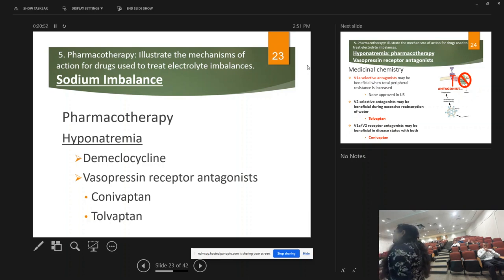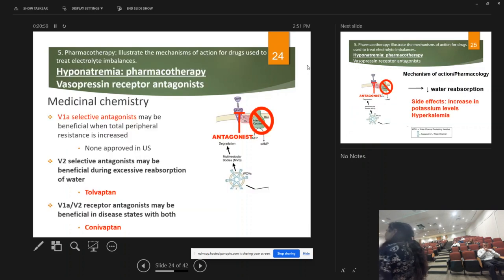Here are some of the molecules or drugs that you will learn, but I just want to mention the mechanism of these. First, let's take a look at the medicinal chemistry. This particular group is not approved in the US for treatment, but I just wanted to mention that V1A selective antagonists have been produced, and they are more beneficial when the total peripheral resistance is increased in your vessel.